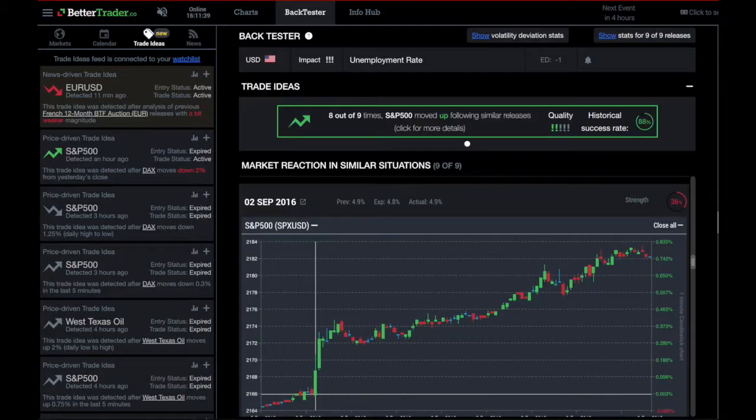Now, on to the last thing, the trade ideas button, which is what we're most proud of here at Bettertrader. Basically, we provide an accurate statistical tool to help you. What we do is backtest. What a backtest is: let's say the Japanese export year over year release is a bit stronger.